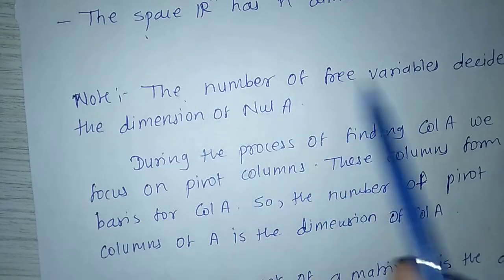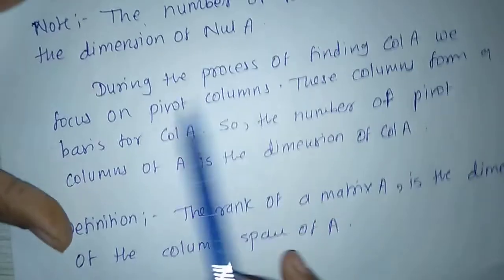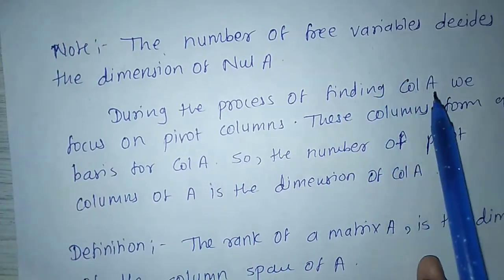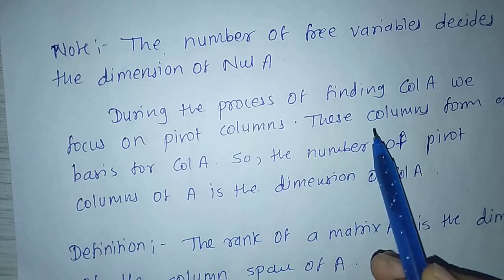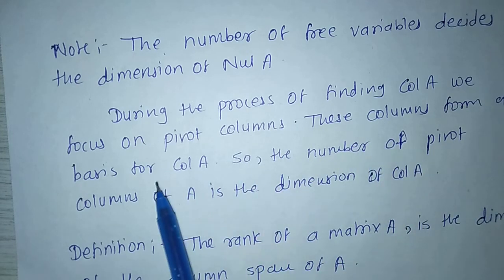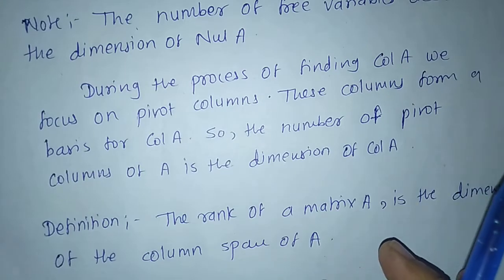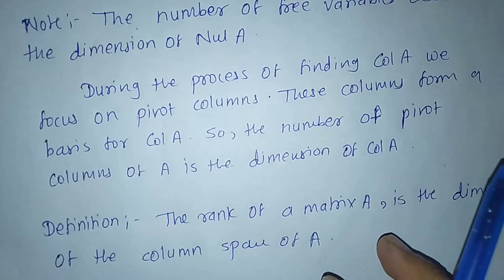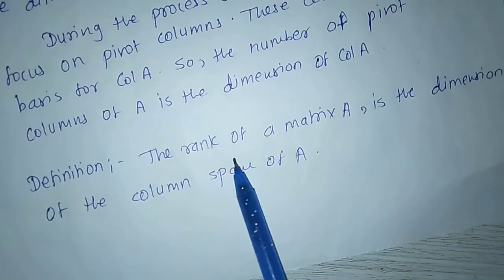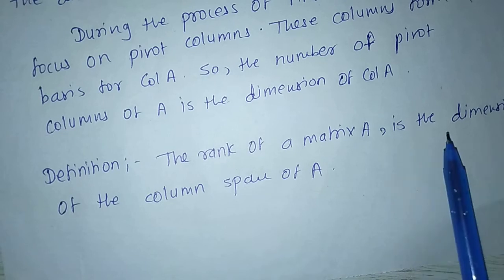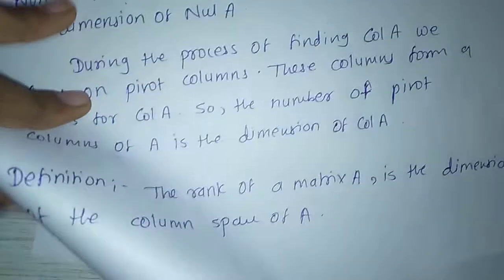Note, the number of free variables decides the dimension of the null space of A. During the process of finding the column space of A, we focus on pivot columns. These columns form a basis for the column space of A. So the number of pivot columns of A is the dimension of the column space of A. Next definition, the rank of a matrix A is the dimension of the column space of A.